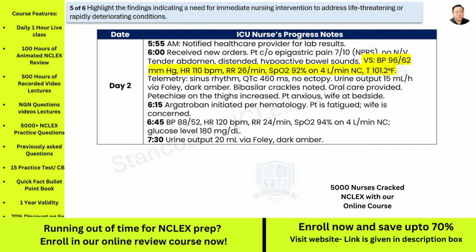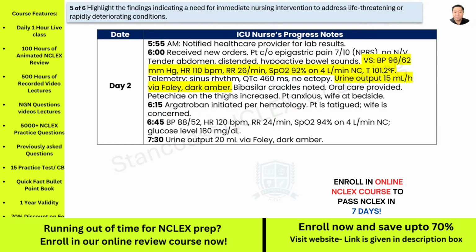Now, what else do we need to highlight here? The next one is urine output of 15 mL per hour via Foley, dark amber. This is oliguria. The dark amber color of the urine suggests that there is acute kidney injury from severe hypovolemia. Both are life-threatening complications of acute pancreatitis.